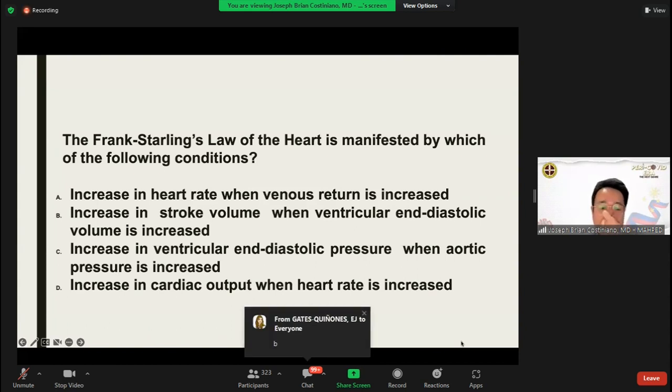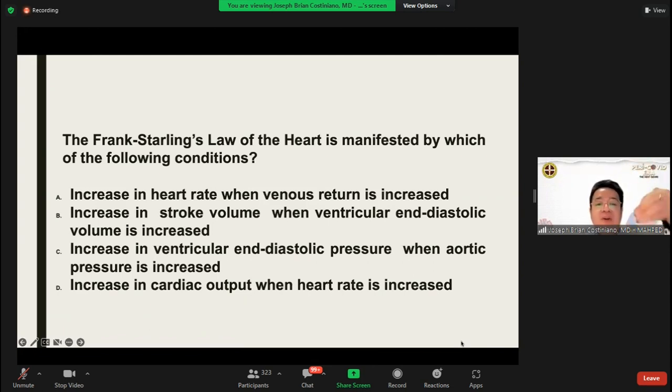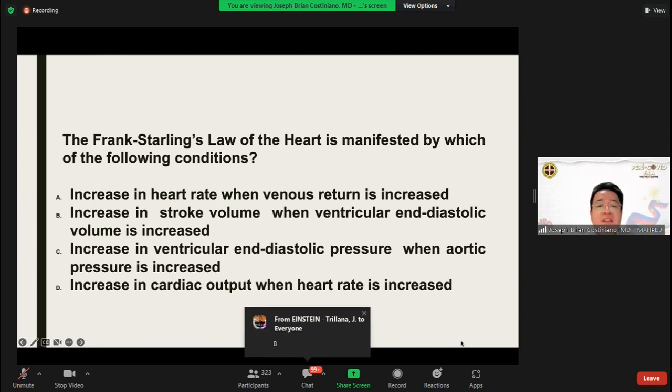Ang dami-dami ng mga increase, Doc. Nalilito na kami, no? So, just remember, ano ba yung Frank-Starling's law? No? Ano ba yung Frank-Starling's law? So, your Frank-Starling's law is the more na nagre-return, di ba? Na blood going into your atria, the more ang preload mo, the more ang venous return mo, then the stronger.